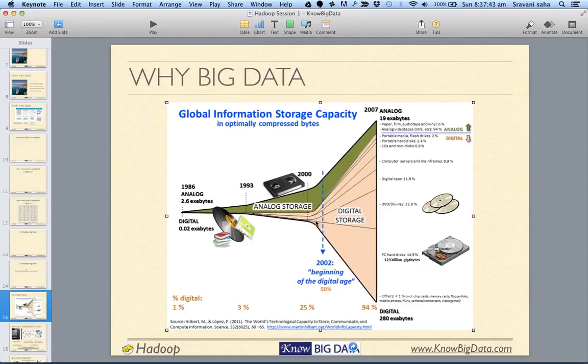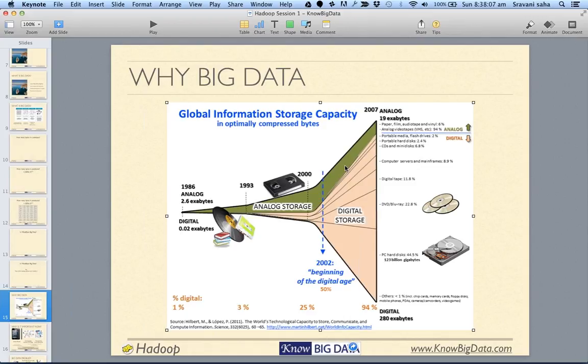This is the point where digital data suddenly takes off. The gray portion below is the digital storage, while the portion above is the analog. Analog storage did not expand at all; it actually became smaller day by day.